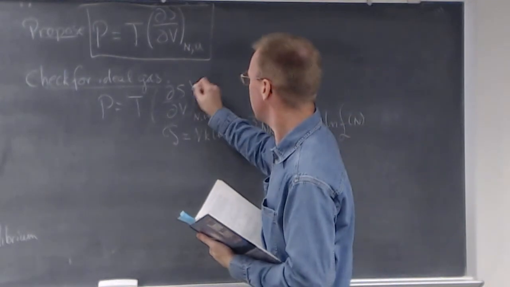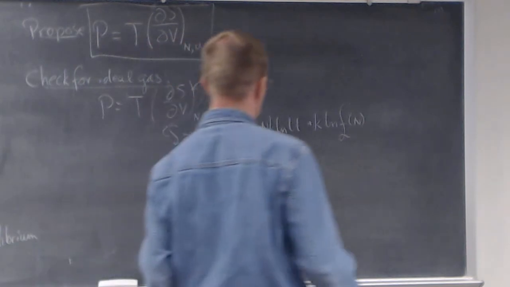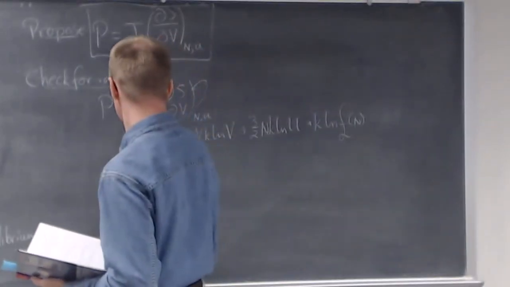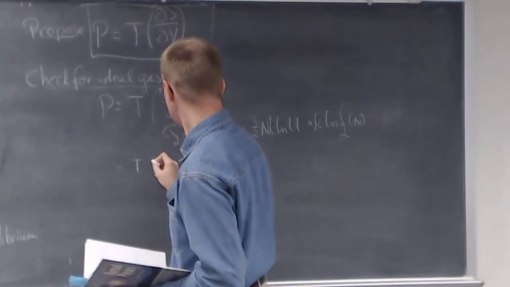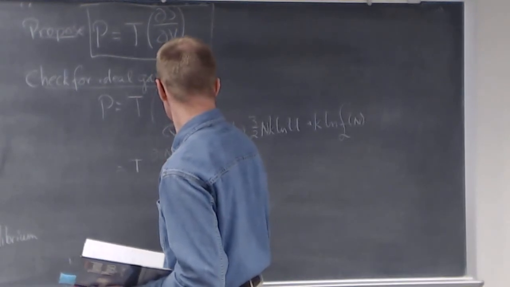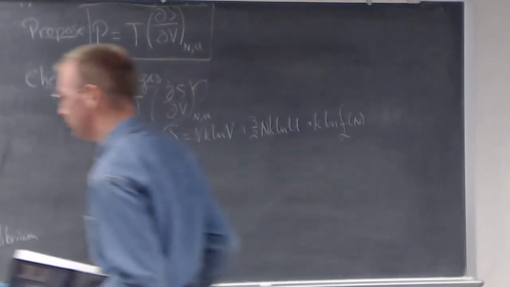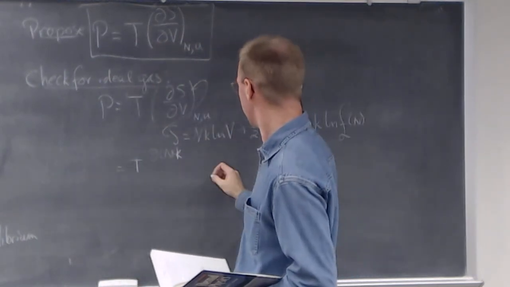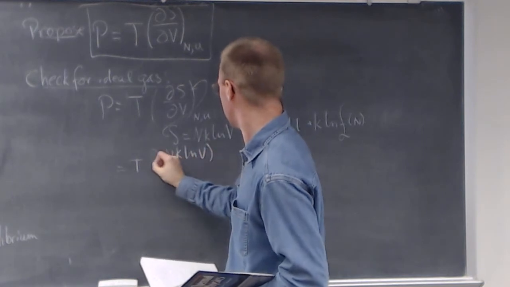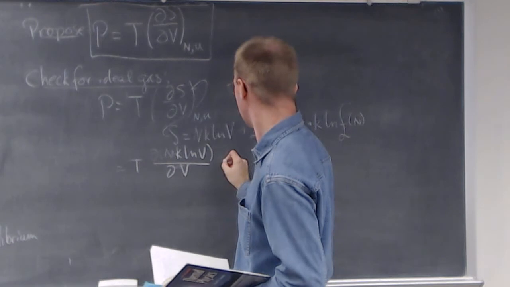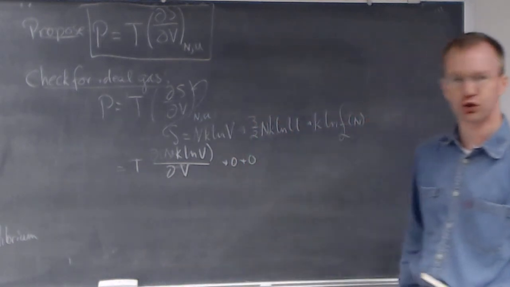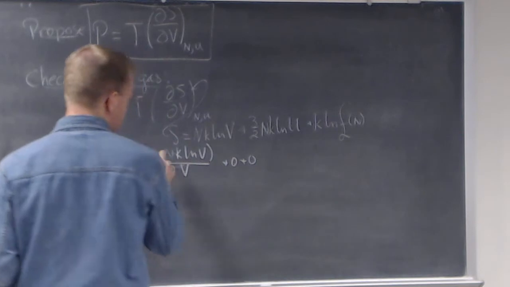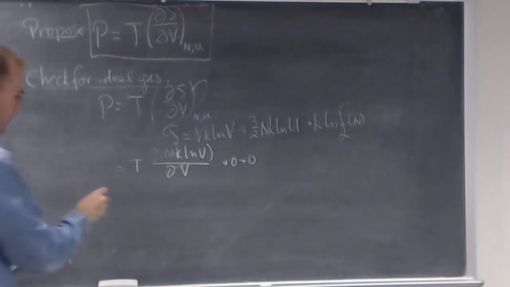When we put that in to take the derivative with respect to V, the second and third terms are 0 because they are constant with respect to V. d of NK log V by dV, well, the NK can be pulled out.